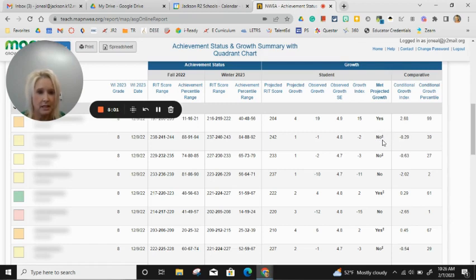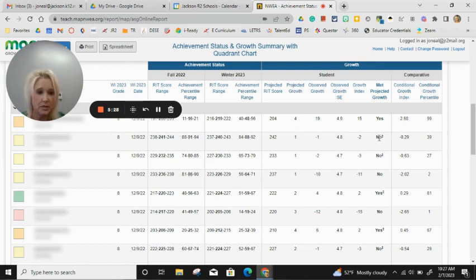What that indicates is that the observed growth standard error of measurement could change whether or not the student met growth. It's bigger than this number, basically. So if they scored 4.8 points higher or 4.8 points lower, that would change the growth in their potential according to this data.